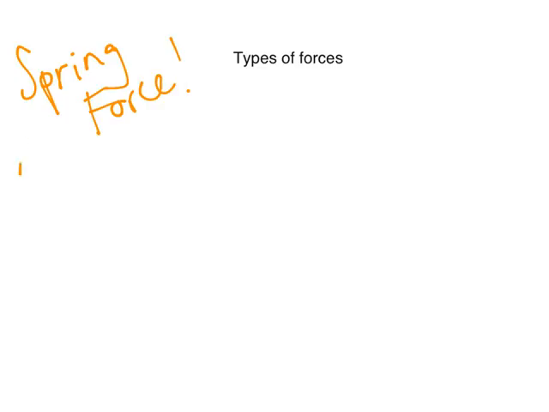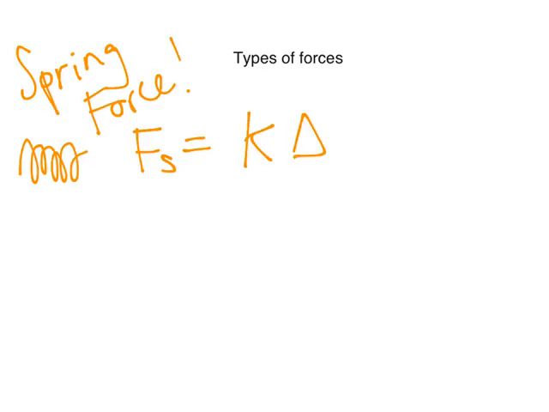Alright, other is spring force. So this is the force from, you guessed it, a spring. So think about a spring depends on two things. This would be, you know, what is the spring, and how far you've pushed it. So a spring does depend on what the spring is like and the displacement you've caused the spring to go. And the more you push it back, the more negative it gets.